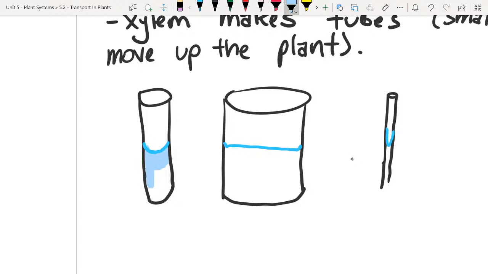Well, if you make the tube narrow enough, the reason this happens is that water has what we call cohesive tendencies. It wants to stick to the surface of the vessel it's in. It sticks to the sides. Does that make sense? Water is attracted to the vessel it's in. So water has cohesive tendencies.